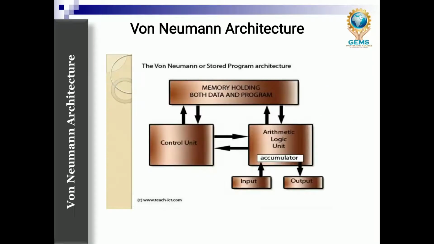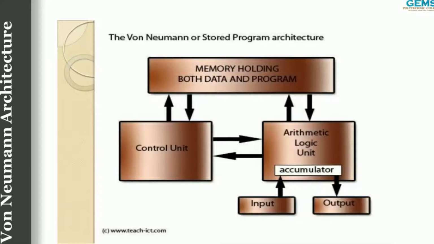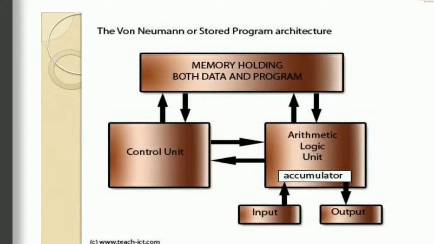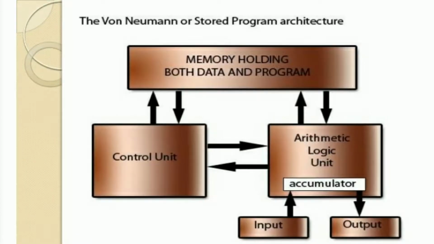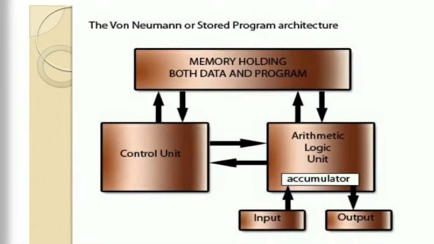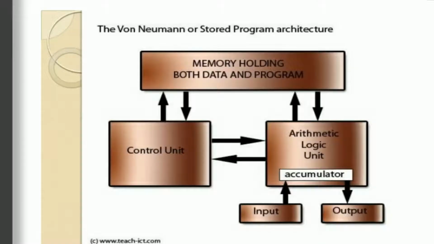Next, look at here, one more diagram for understanding Von Neumann architecture. Both diagrams are good, both are right, but here a bigger diagram is given to understand this concept a little more clearly. Look at the top, one box is given. This box talks about memory holding data and instructions. Don't forget that a program is nothing but a set of instructions.